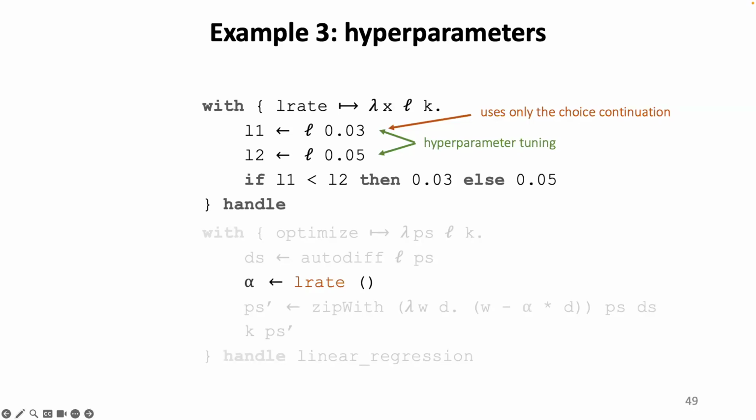And then you can compare the loss values, and depending on which one is smaller, you just need to return the hyperparameter. And now you get the value of the hyperparameter. You can actually apply it in a different program that would actually do the real training. So in this case, resuming the original computation is not what you want, but what you want as the final result of this whole program is just a good set of hyperparameters.